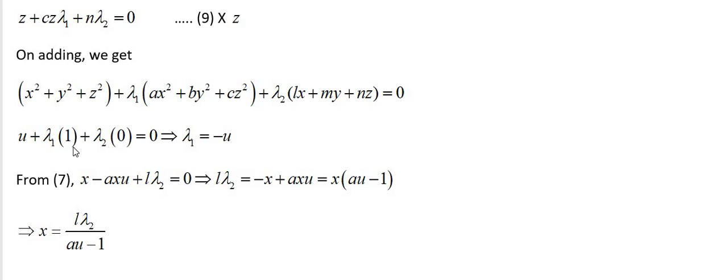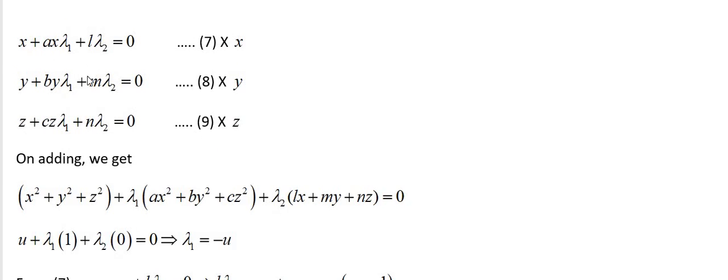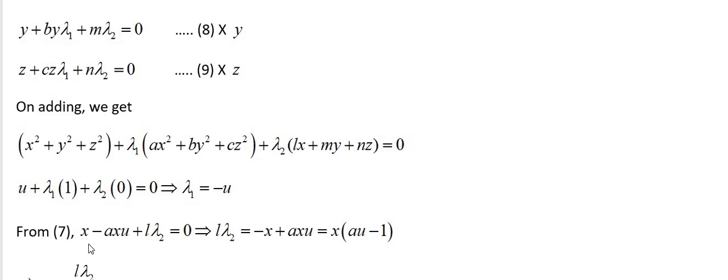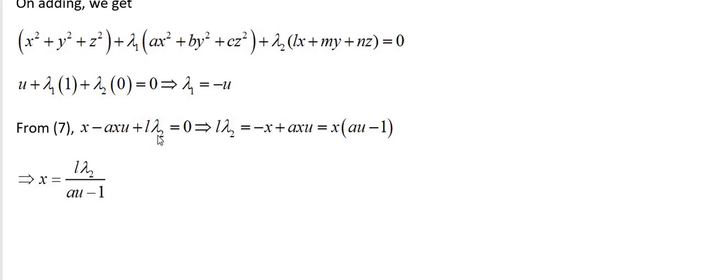Then lambda 1 into 1 is lambda 1 only, plus u goes to the RHS side, it becomes minus u. Now I know the lambda 1 value, that is minus u. From 7, I know lambda 1, so minus u into ax is minus ax into u. Lambda 2 I don't know, that's why I am keeping it as it is.